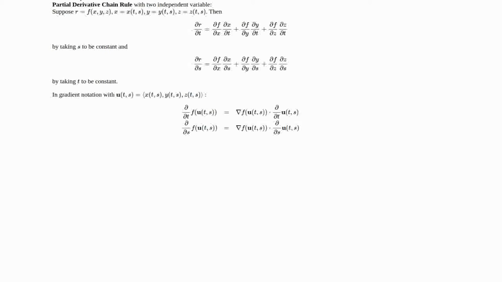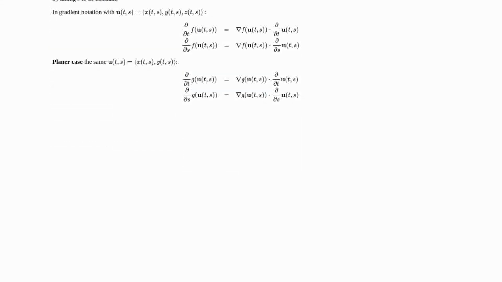This is the case where we have two variables and we have a surface over space. We have also a planar case where u of t and s is still the vector of x(t,s) and y(t,s), but there is no z anymore. And we have a very similar formula. It looks identical in the gradient notation.